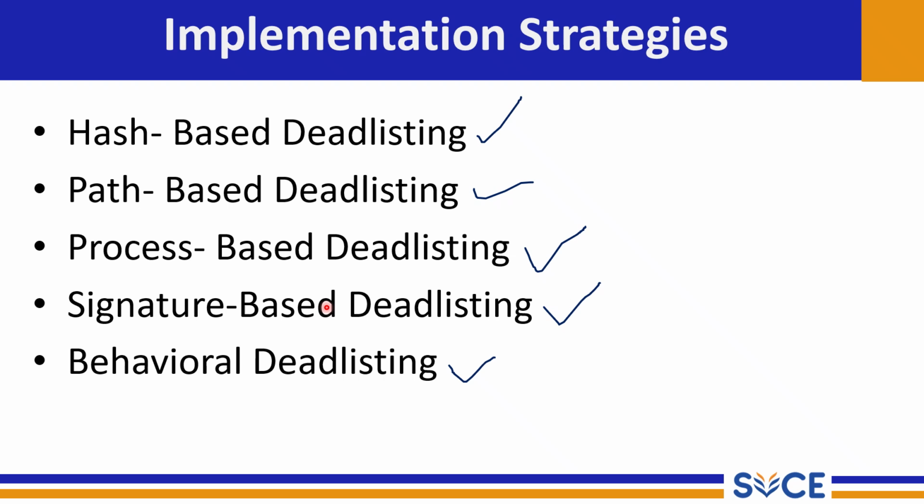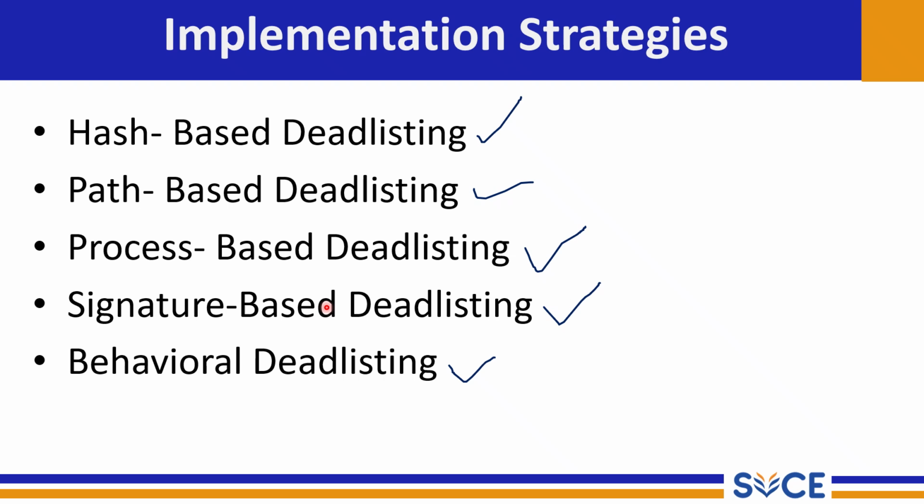So what is hash-based dead listing? This involves creating a list of known safe file hashes, for example MD5 or SHA-256. The files matching these hashes are automatically excluded from scanning. This is effective for identifying and excluding common system files or trusted applications. Next we have path-based dead listing.